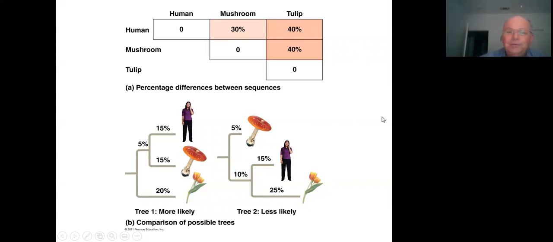So we know that the difference between a mushroom and a human is 30%. So if we look at this line, it's 15% plus 10%, that's 25% plus 5%, there's your 30%. For animals and plants, it's 40%.